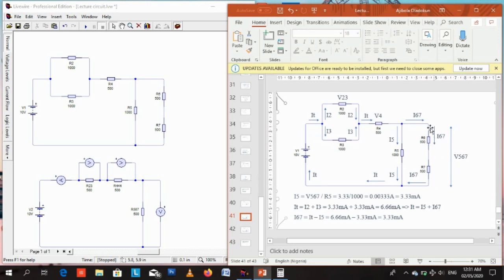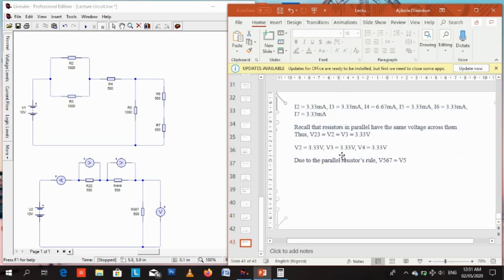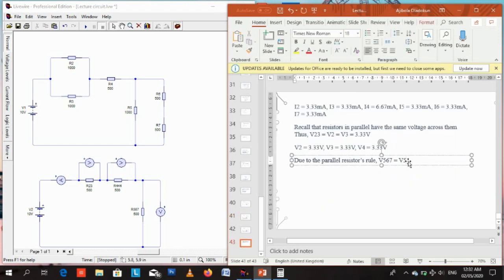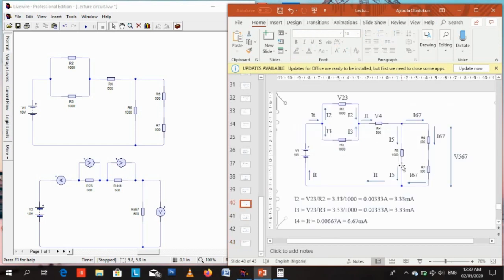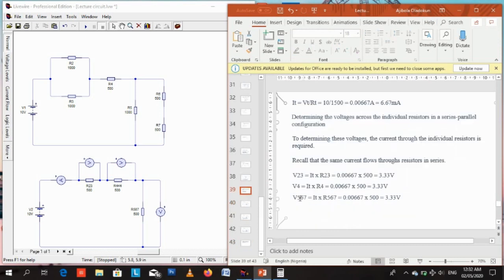So we cannot say that V567 is equal to V6, because R6 is in series with R7. R6 and R7 together as a whole unit have V567. None of them can claim V567, but R5 can claim V567 to itself because V567 appears across its entire terminal. It's the only resistor there.